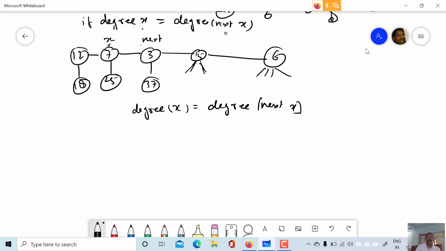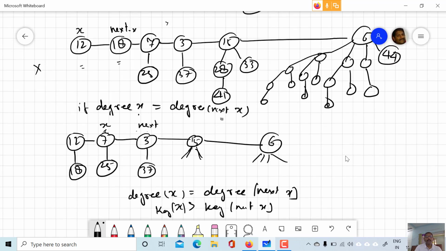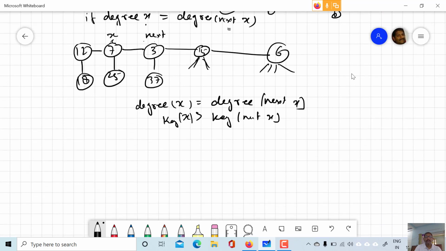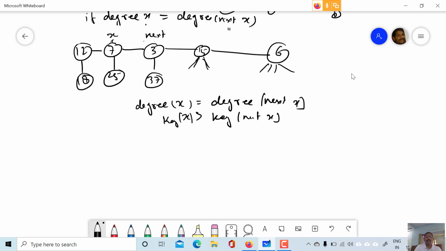In this case the key value of X is larger than the key value of next X. So this will be case 4, because if the key value of next X is larger, then it will be case 3, and if the key value of X is larger, it will be case 4. Okay, so we will do the same thing. The larger value will be shifted here. Okay, so it will be like this. It will be case 4.